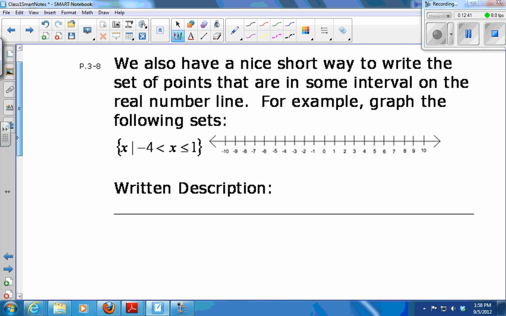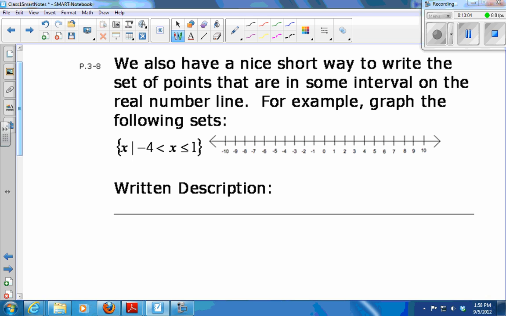And we have another handy dandy little thing for when all of my X values lie in some interval, has some lower bound and an upper bound, and it's all the X's in between. So for example, if I want to graph this thing, I have the set of all X's such that -4 is smaller than X, but X is smaller than or equal to 1.